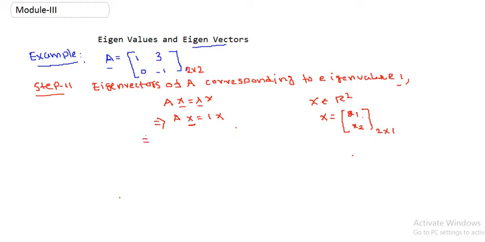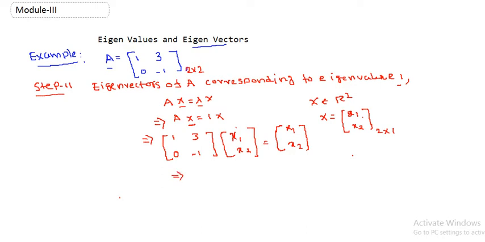Write that down. A is [[1, 3], [0, -1]] times the eigenvector [x1, x2] equals [x1, x2]. Now we are going to multiply this side.